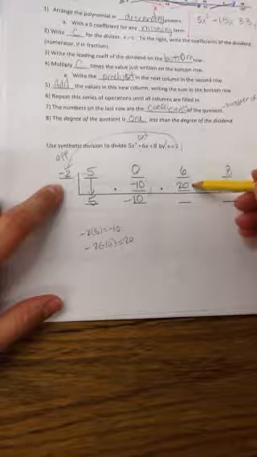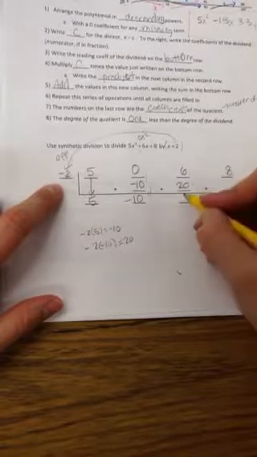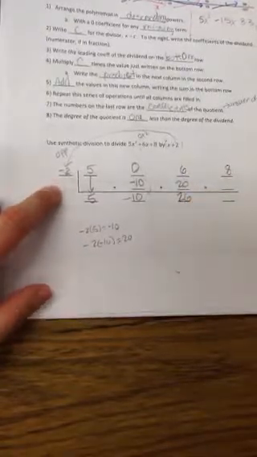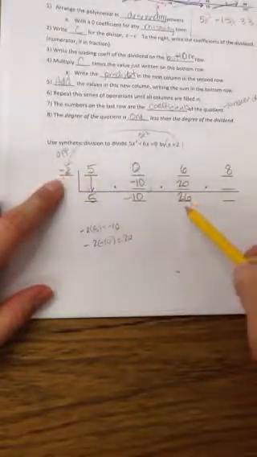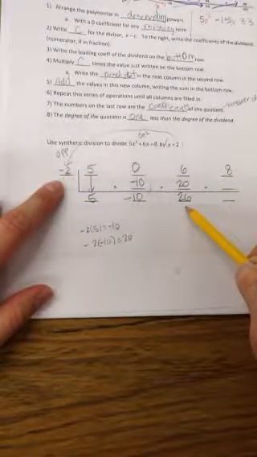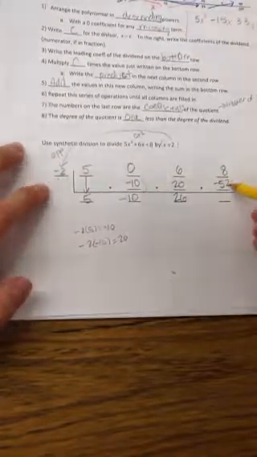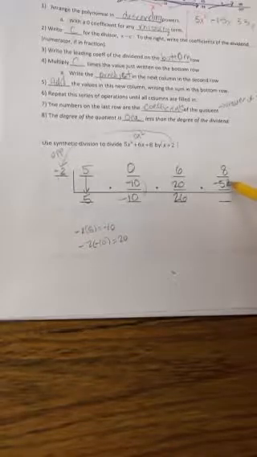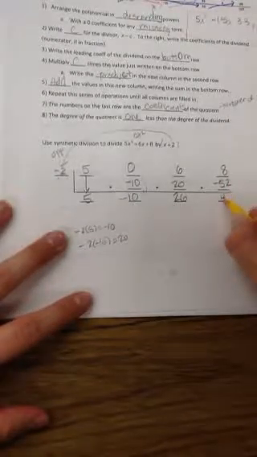Then I'm going to add straight down, so 6 plus 20 gives us 26. Then I'm going to do negative 2 times 26 gives us negative 52. And I'm going to add straight down. So negative 52 plus 8. Remember that we're really subtracting the 8 from 52.